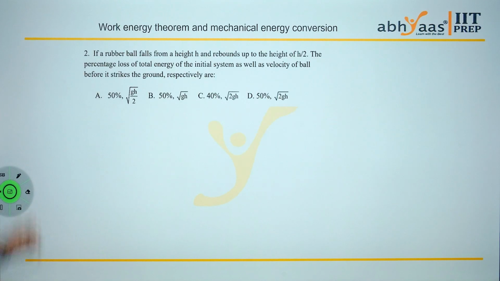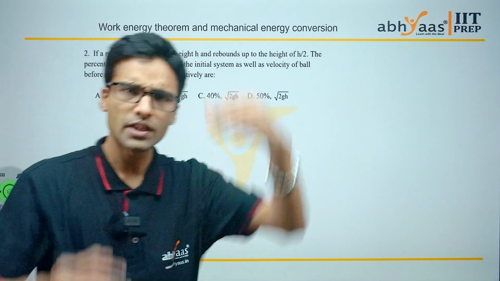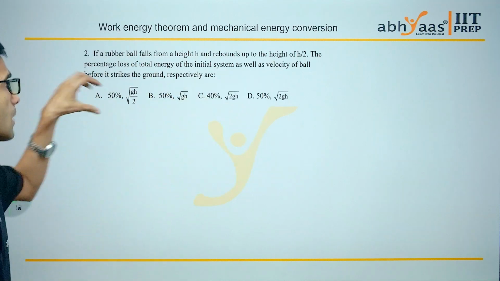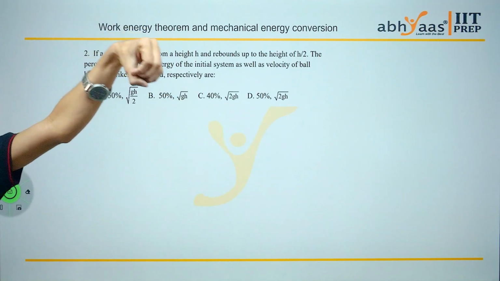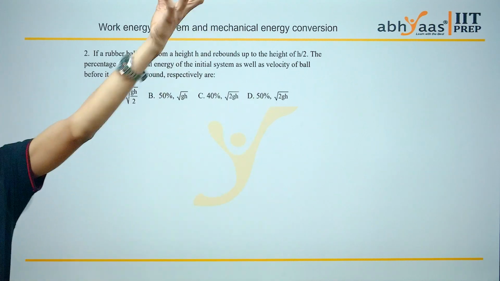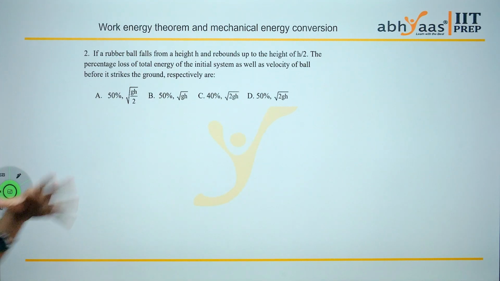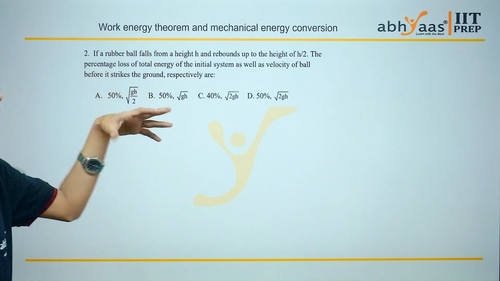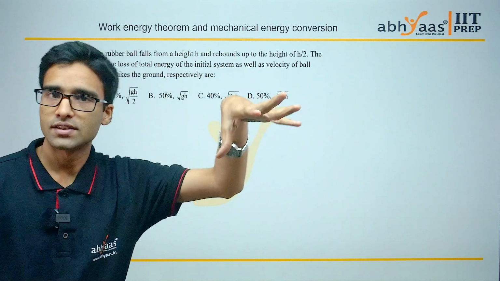Simple bit. Another thing, in this particular type of problem, a rubber ball is falling from a height h, hitting the ground and going up. We know that when an object is freely falling from the top, the initial velocity is nothing.